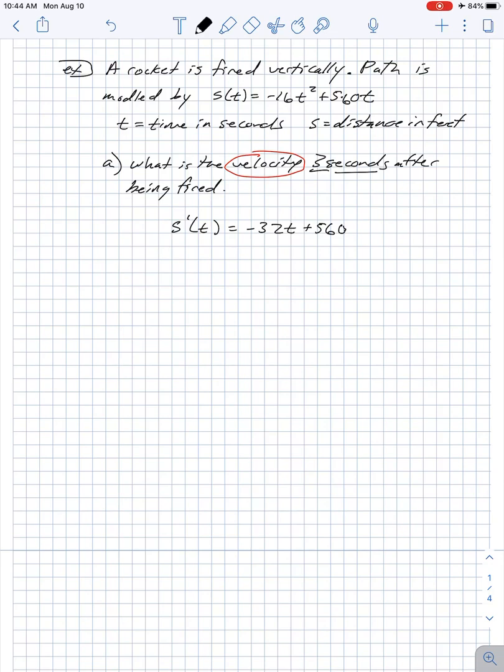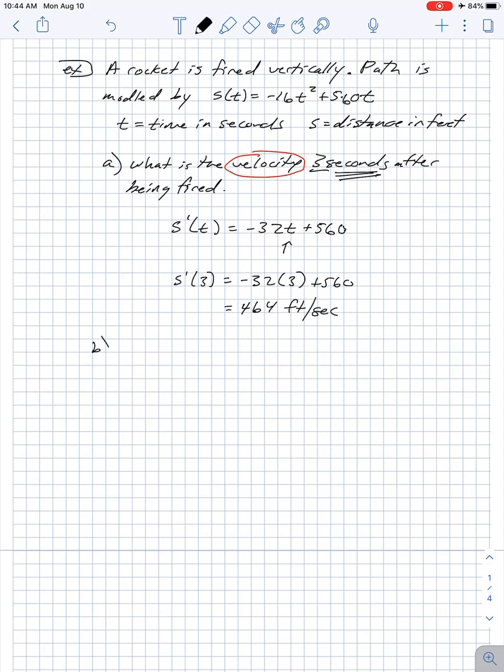Now that's the velocity function. I want to know the velocity after 3 seconds. Seconds is a time, so it's going in here for t. So s prime of 3 is negative 32 times 3 plus 560, and that ends up being 464 feet per second. I checked that math, and I think that's multiplied right.